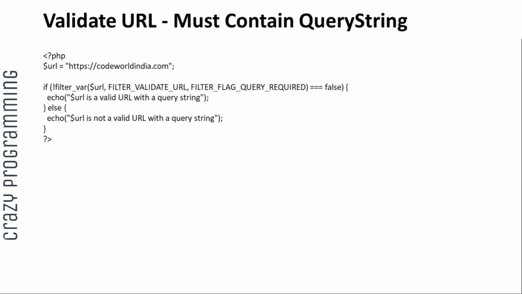It will validate whether the URL is right or wrong. Then FILTER_FLAG_QUERY_REQUIRED, it will check that the query is required, and triple equals to false to check it, and then it will print URL is valid URL with a query string, or else URL is not valid URL.